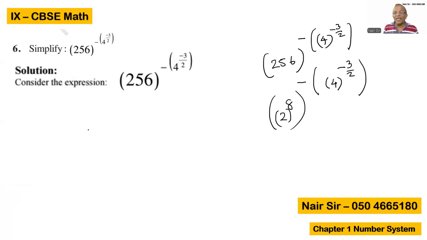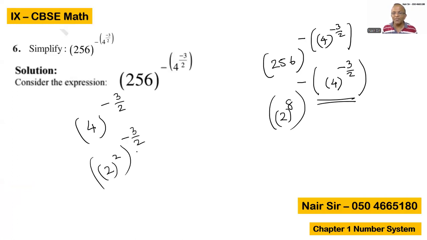Now let me look at the second option. I'm going to solve this part: 4 raised to minus 3 upon 2. How do I write 4? Do I need to explain that 4 can be written as 2 squared? Minus 3 upon 2, what does this become? 2 into minus 3 upon 2.